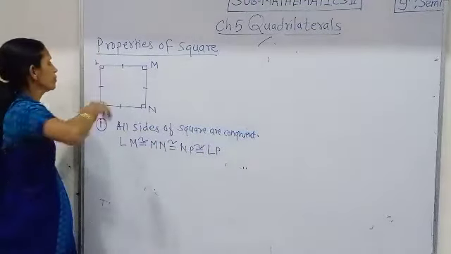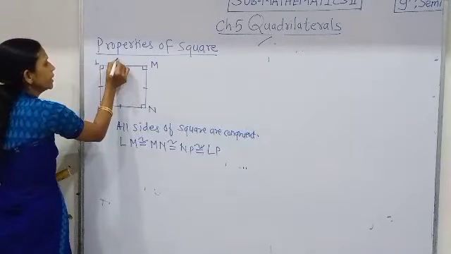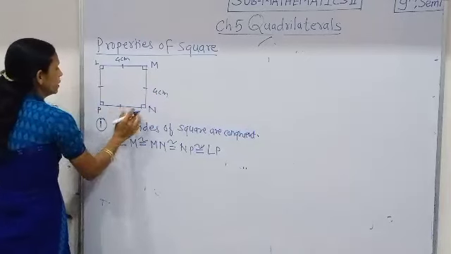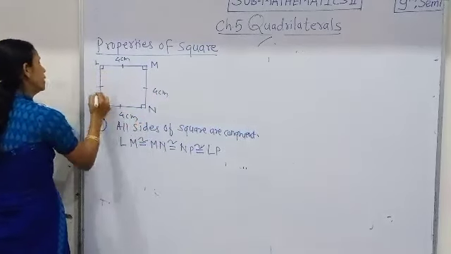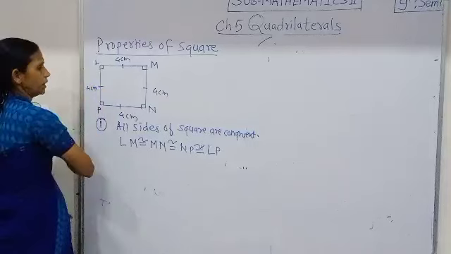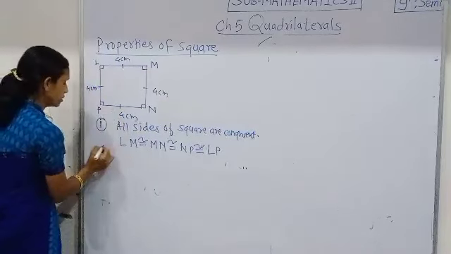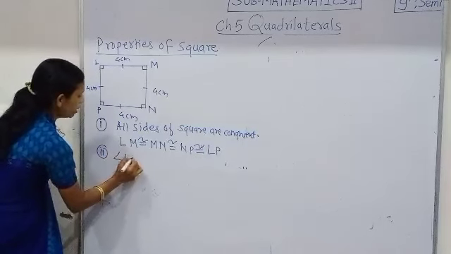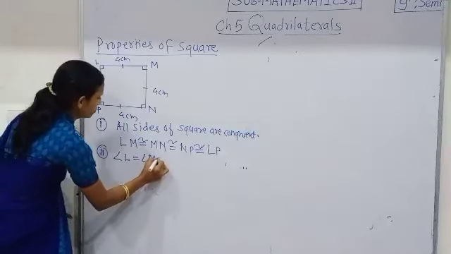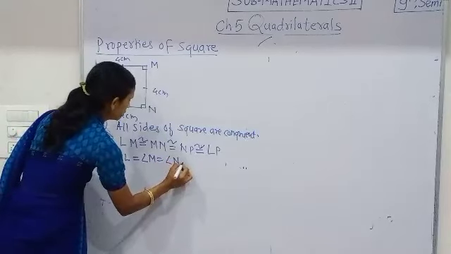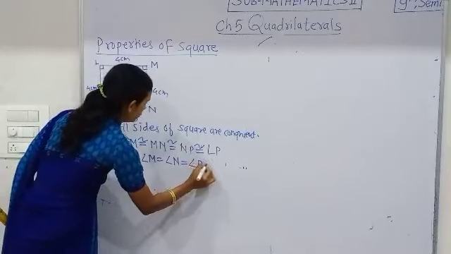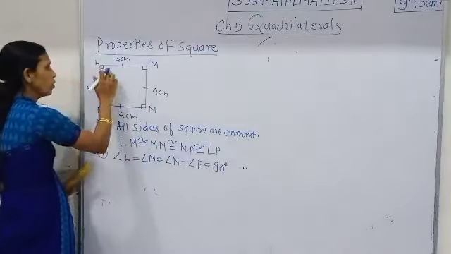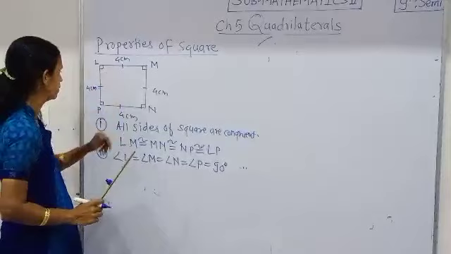That means if LM is 4 centimeter, then MN is 4 centimeter, NP is 4 centimeter, and LP is also 4 centimeter. As well as all angles, that is angle L, angle M, angle N, angle P, are each 90 degree. That means all 4 angles are right angles.